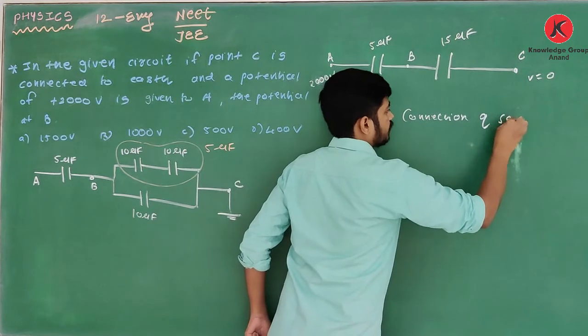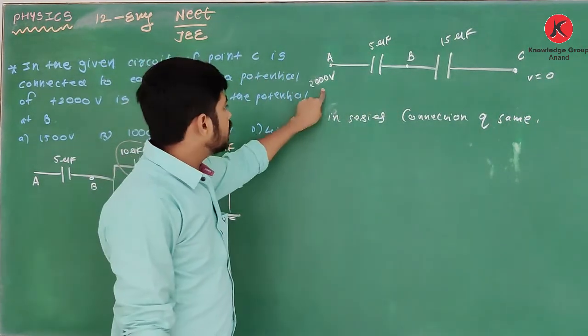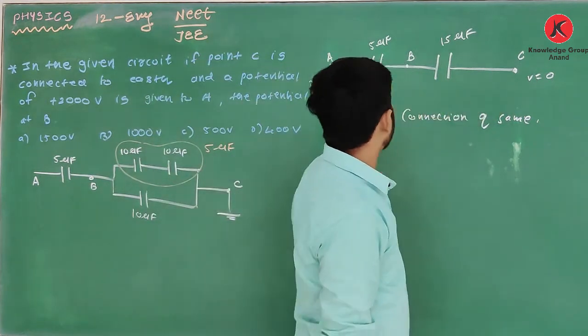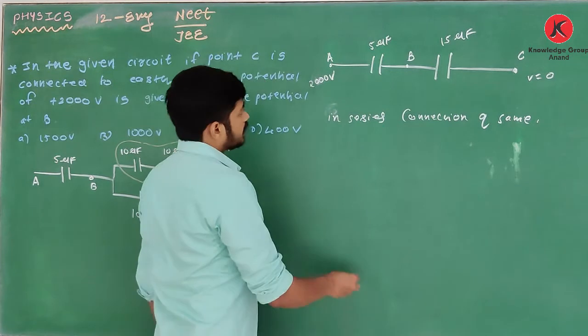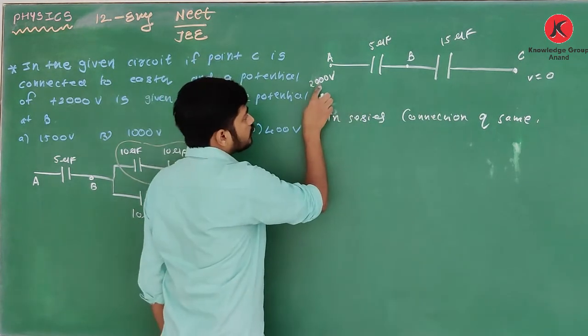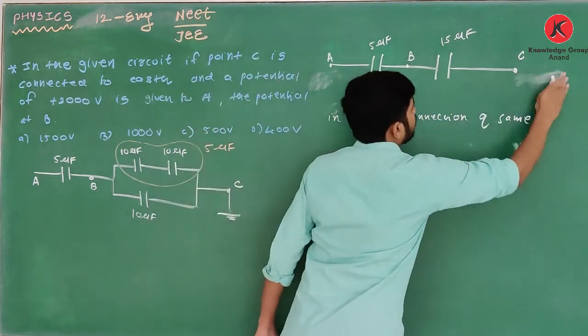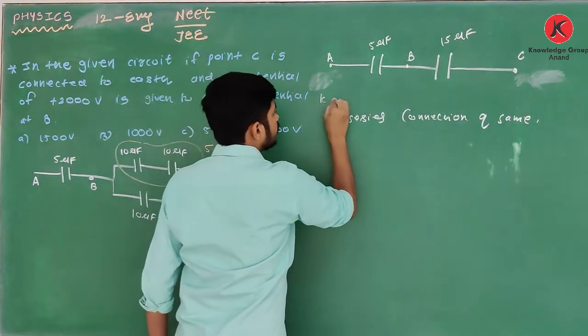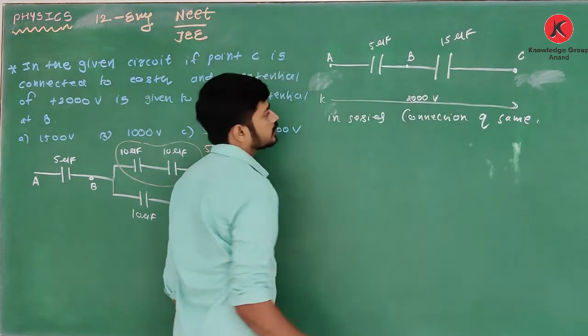If it is at 2000 volt and it is at 0 volt, the potential difference between them is 2000 volt.